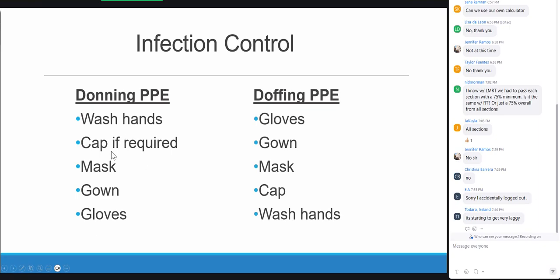First, wash your hands, put on a cap, put on a mask, then your gown and gloves last. For removal, take the gloves off first, then the gown, then your mask, cap, and then wash your hands.